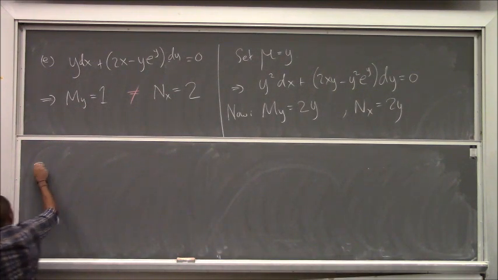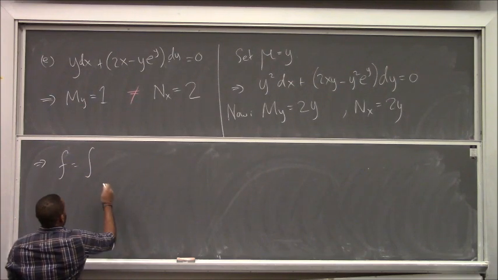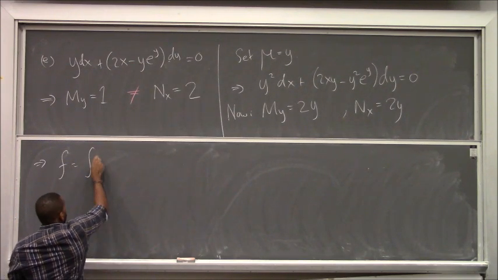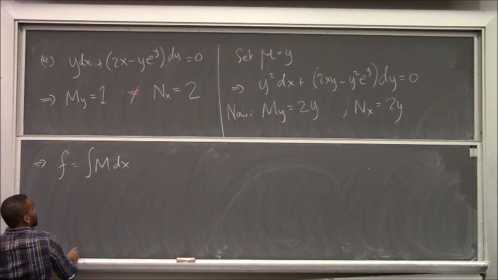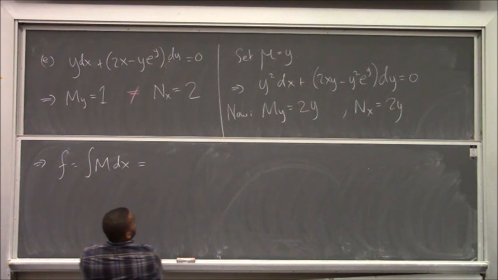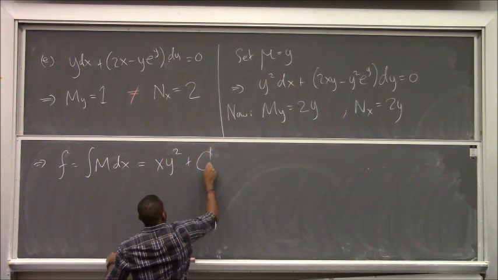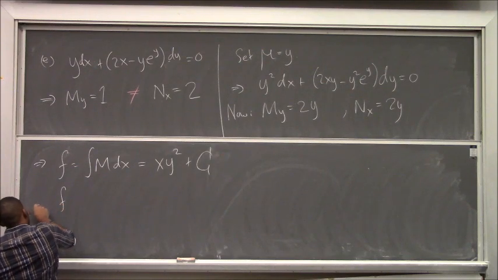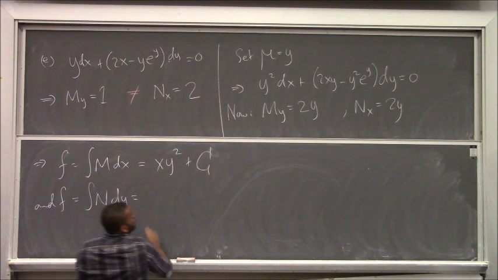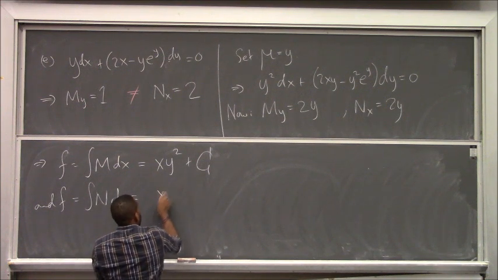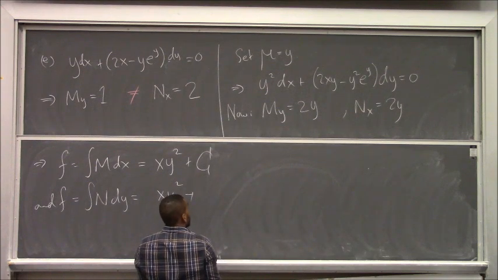Now, what we can do, integrate the n with respect to the x, and that is going to be xy squared, plus some constant that we don't really care about. F is n with respect to y, and we're going to get xy squared plus. How do we integrate that with respect to the y?